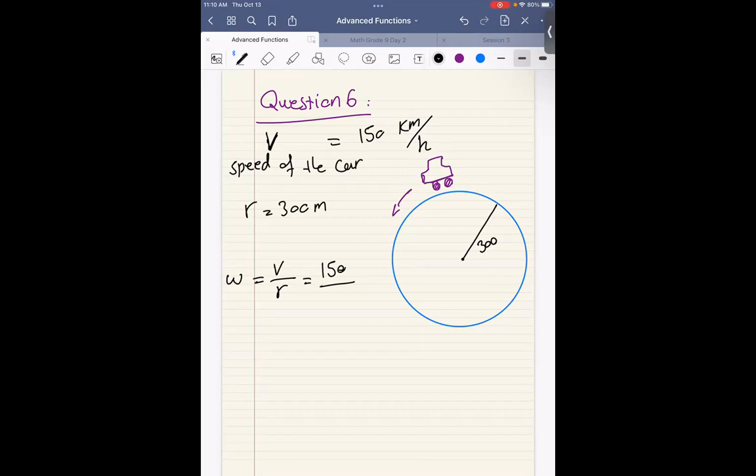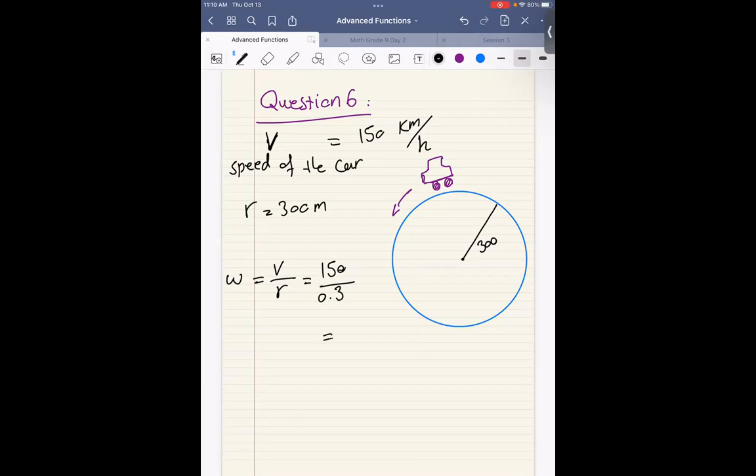How many kilometers is 300 meters? It is 0.3.